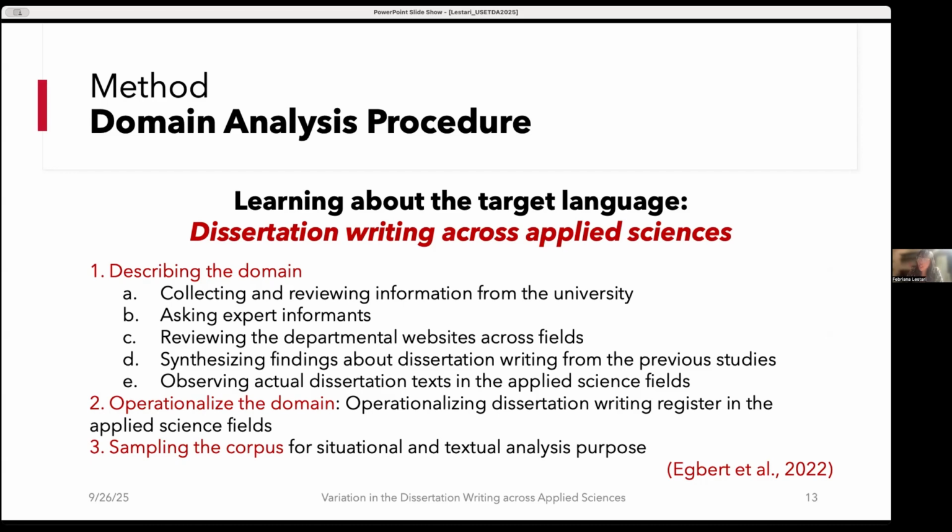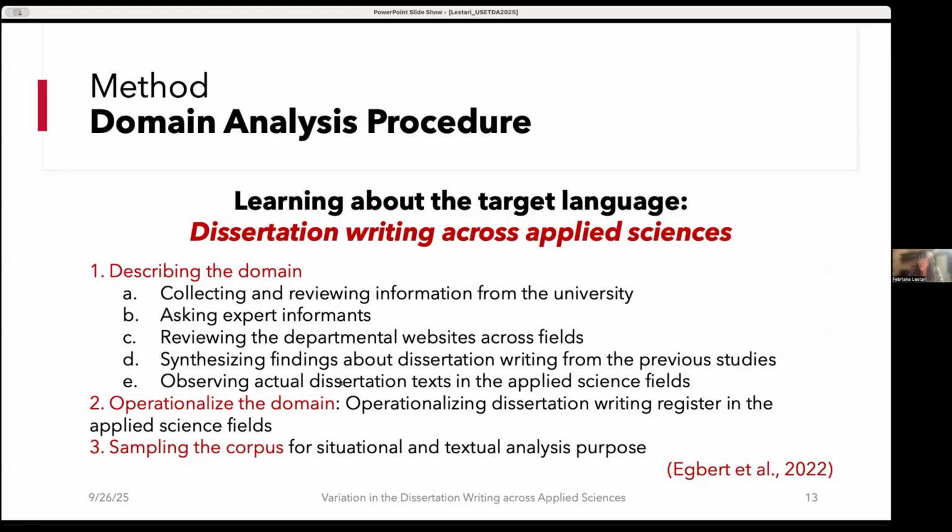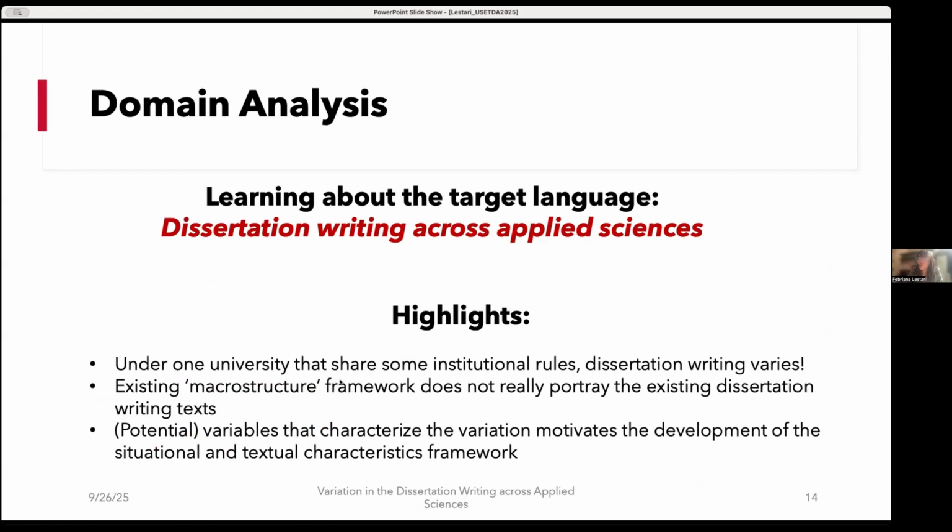Then, based on this information, I operationalized my domain. So what do I mean by dissertation writing? And then I sampled the corpus, or the data, or the text for my situational and textual analysis purpose. The highlight of my domain analysis is that even under one university that shares the same institutional rules, dissertation writing varies.